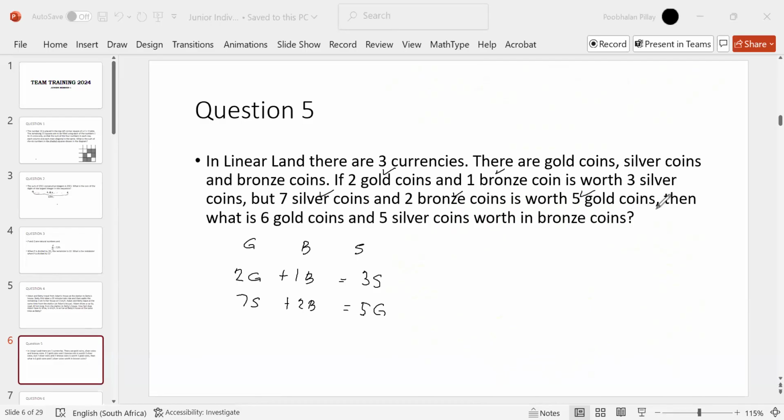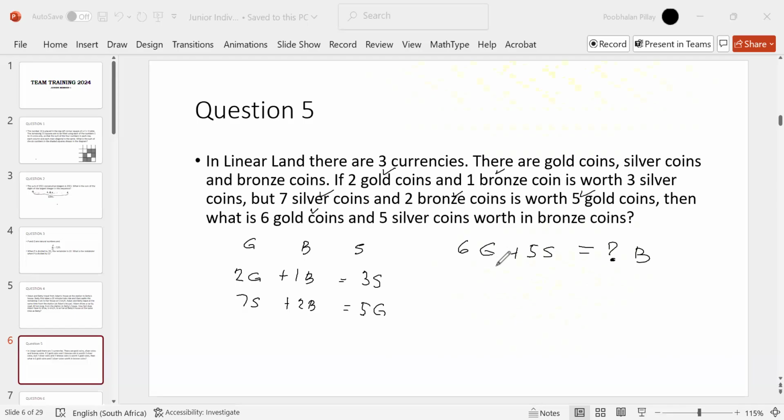So the question is now, what is 6 gold plus 5 silvers worth in bronze coins? So in other words, how many bronze? Given this piece of information, 6 gold and 5 silvers, how many bronze would they make?